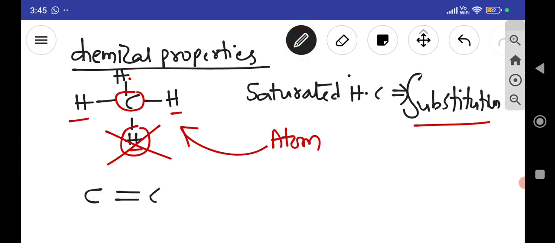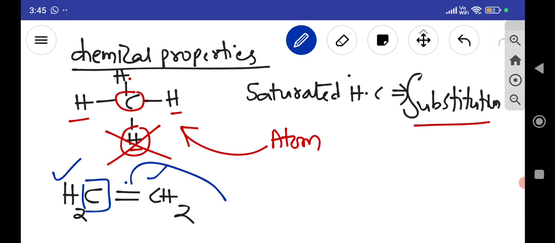Suppose you are taking unsaturated carbons like an alkene. Here, if you take the first carbon, it is surrounded by 3 atoms, so it is known as unsaturated. Tetravalency is satisfied by only 3 atoms. In this condition, we can easily add atoms. So one hydrogen can be added here, another hydrogen can be added here.